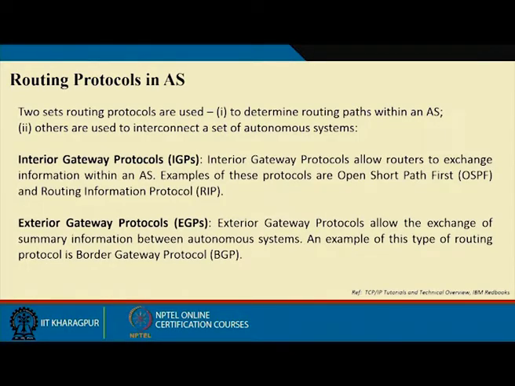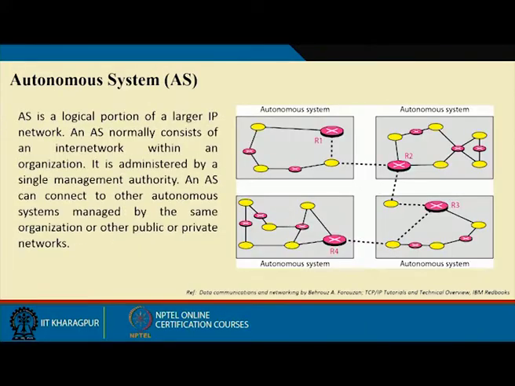So, if we look at the routing protocols at the autonomous systems, as we have discussed, 2 sets of routing protocols are used. One is used to determine the routing paths within the AS, and the other is used to interconnect a set of autonomous systems. So, one is within the AS, that means the routing which will be done within the AS.